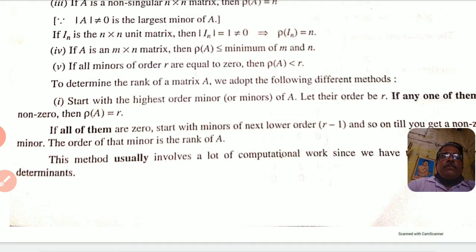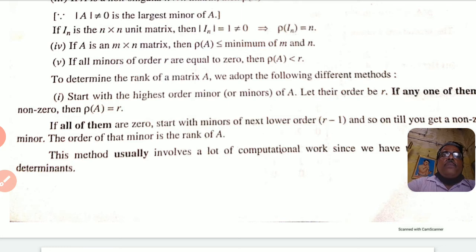If any one of them is non-zero, then clearly the rank of A is equal to 5.